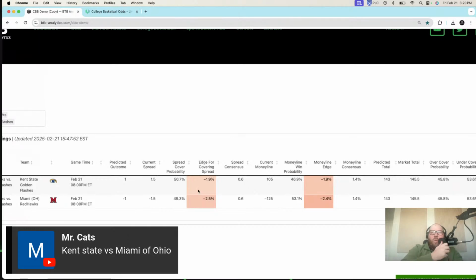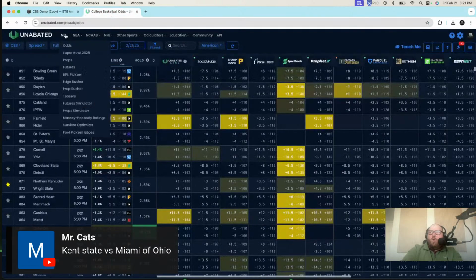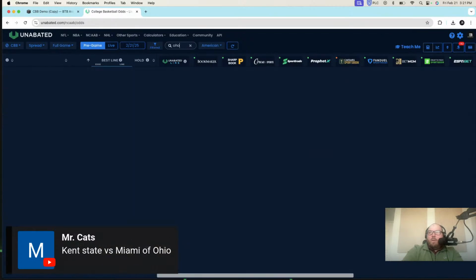On the side there, we make the number +1 for Kent State, -1 for Miami. Pretty much no value on the money line. So I think it's a stay away. If you're going to bet this game, I think the under 145 and a half would be the play. Let's take a look here and see what we can get in the market.